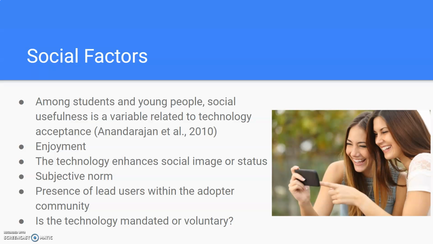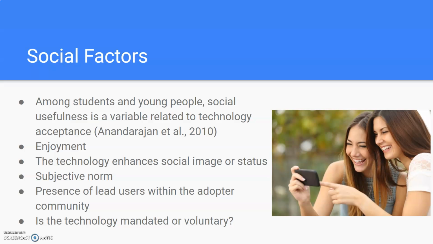And if we tie this back to the model we discussed earlier, we're talking about early adopters being very key in encouraging adoption.